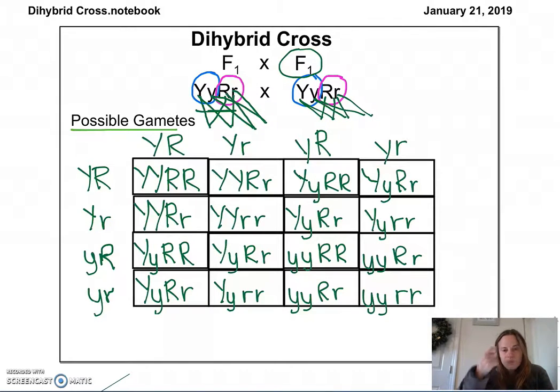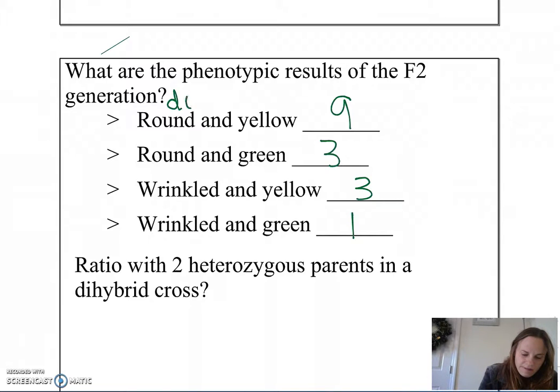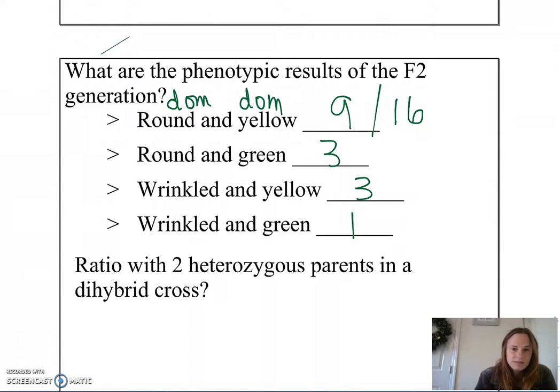So hopefully your Punnett square looks similar to mine, where what you ended up with was a 9:3:3:1 ratio. Meaning, if I'm looking at both traits being dominant, 9 out of the 16 possible offspring would express both dominant traits.